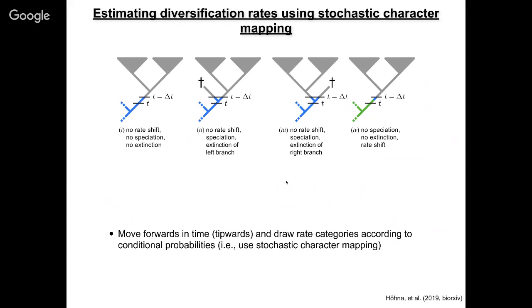And then once we have calculated that from the root, we apply a stochastic character mapping approach by moving forward in very small time intervals and calculating the probability of what has happened in this small time interval, by coloring or painting the tree with the randomly chosen rate categories that we are simulating.